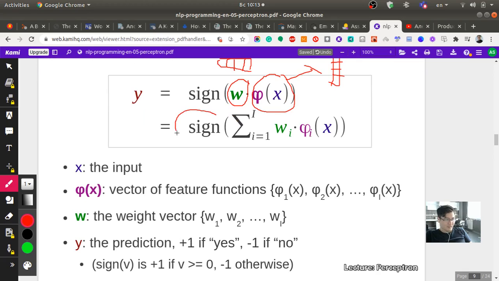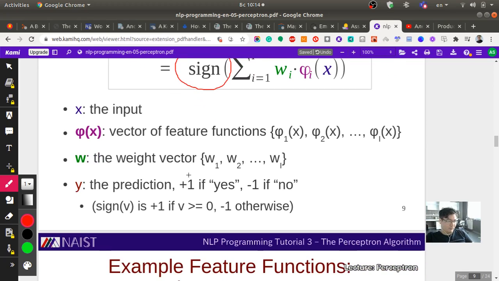Sign means that if you have minus 5 here, it will show minus 1. If it is 5, it will be 1. So it only sets 1 if it is positive, if it is yes, and minus 1 otherwise.